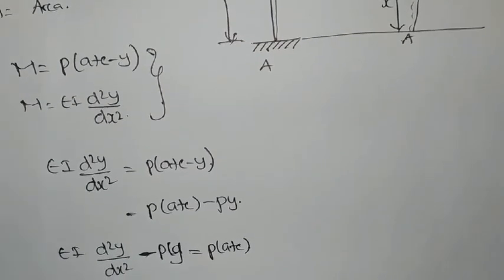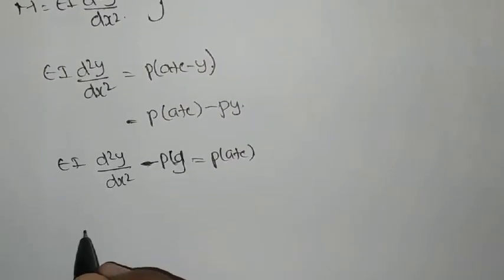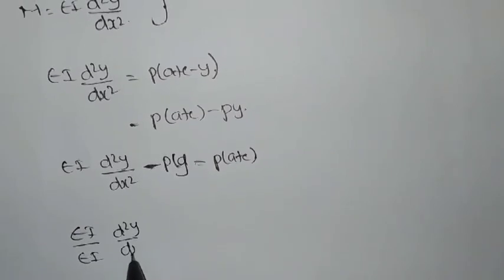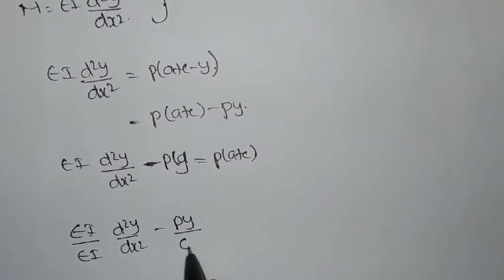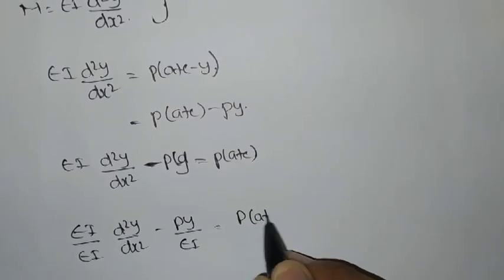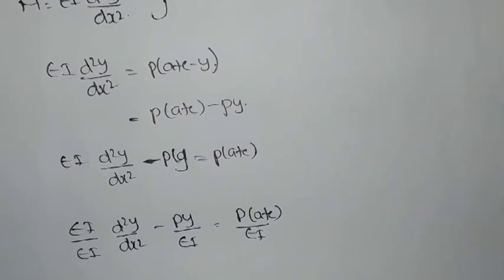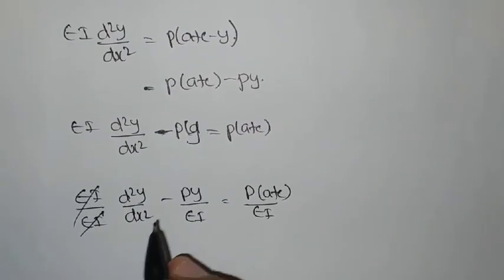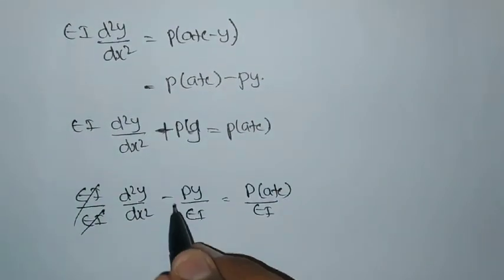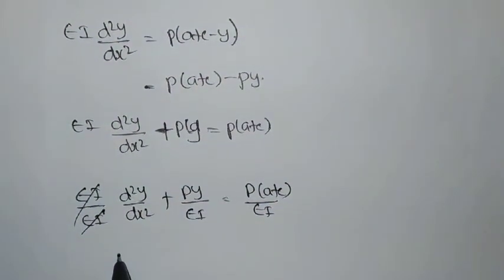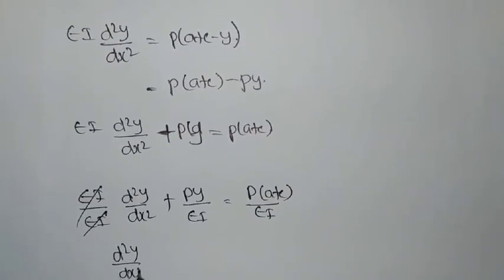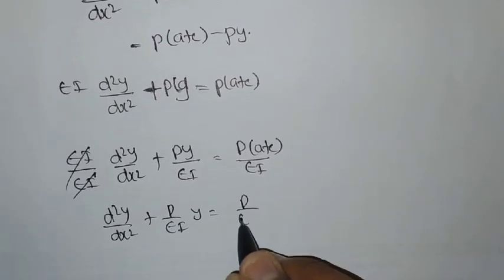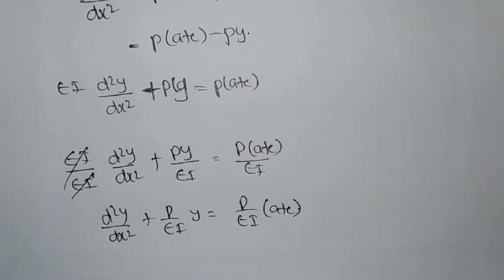The equation becomes d squared y by dx squared plus P by EI into y equals P by EI into (a plus e), where the EI on the left side cancels out.